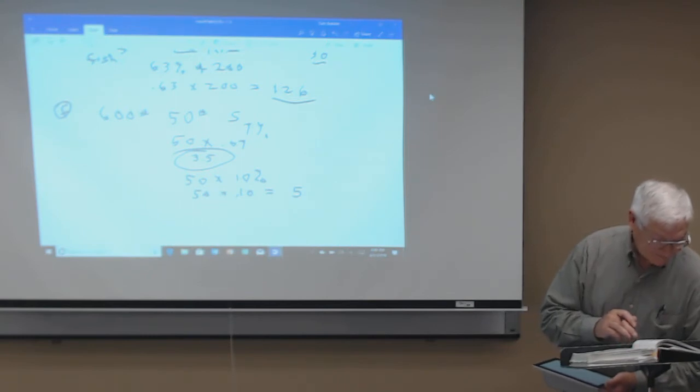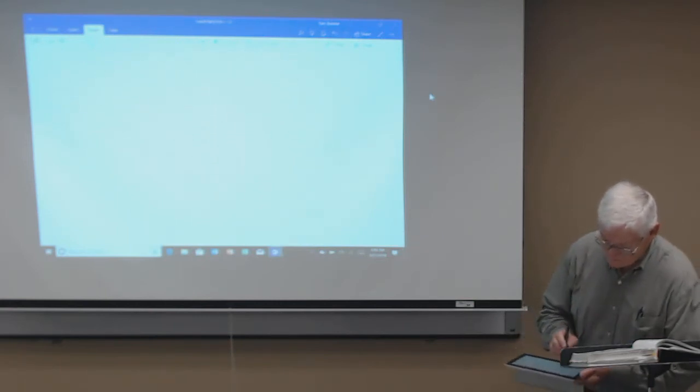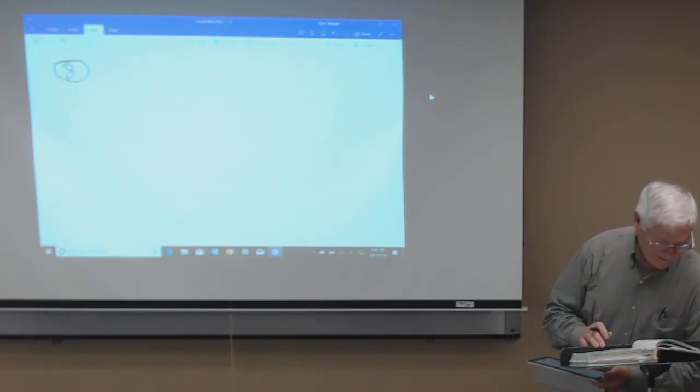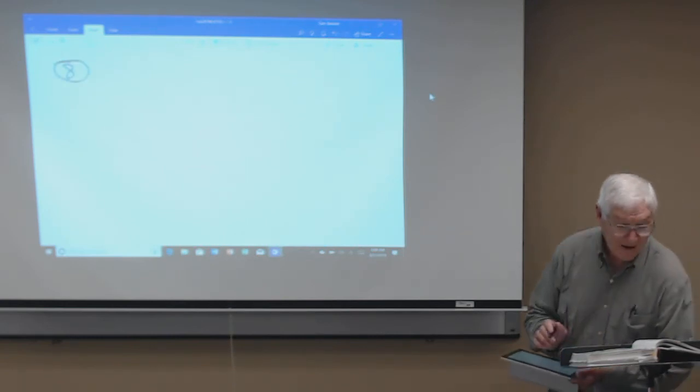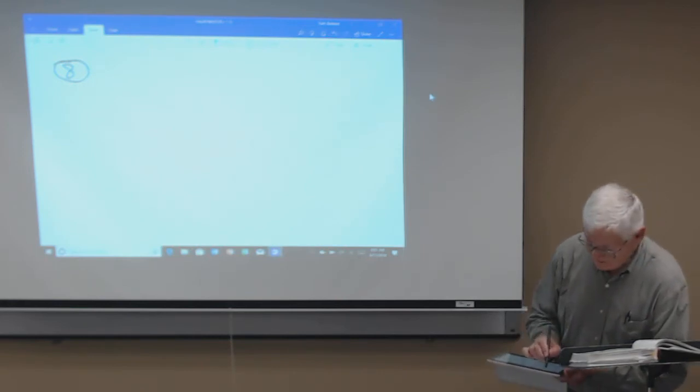Number 8. The following charts show the leading causes of death in the United States in 1973 and 1996. So here's 1973 and 1996.